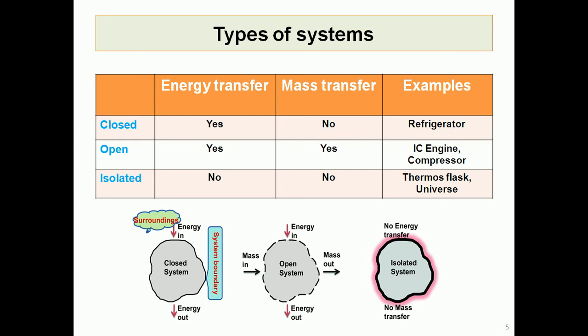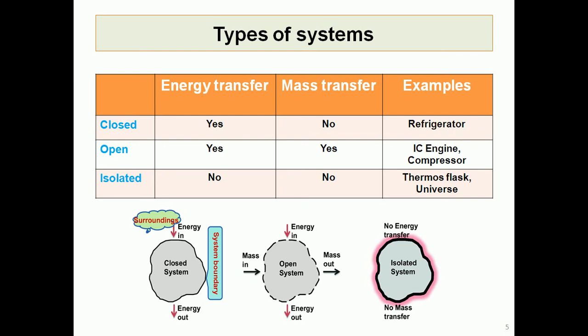Such types of systems are called closed systems. For example, refrigerator. In refrigerator we know once we fill the refrigerant gas inside the system, then its mass remains fixed, though there are a number of energy interactions taking place between system and surroundings.